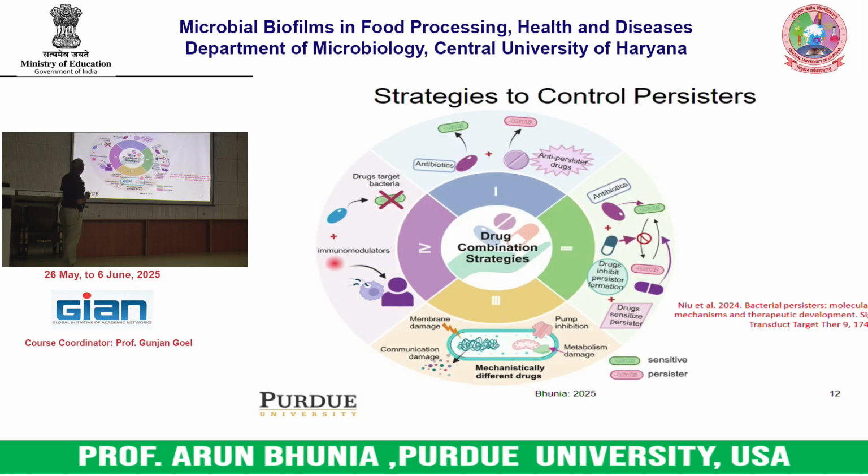Immunomodulators. So there are a number of things you can use, say a membrane-damaging component, which can help the drug penetrate the cells which are resisting certain antibiotics. So all of these combinations can be used to help eliminate the persister cells.